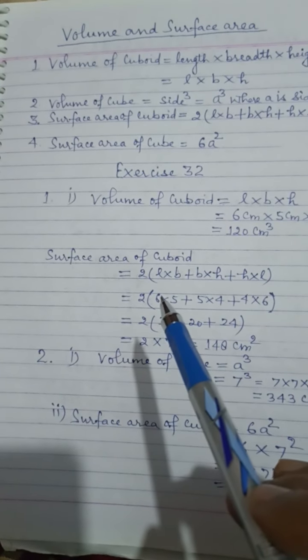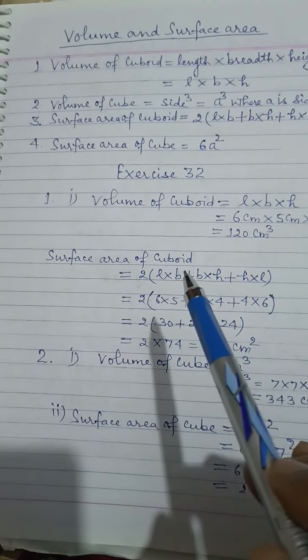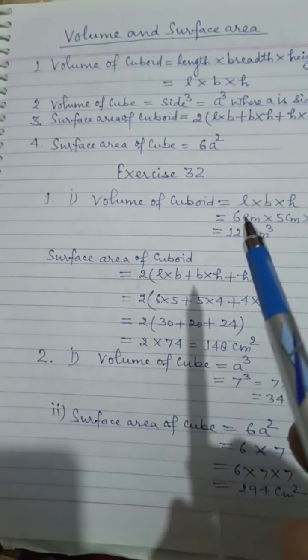L into B means 6 into 5, plus B into H means 5 into 4, plus H into L means 4 into 6.